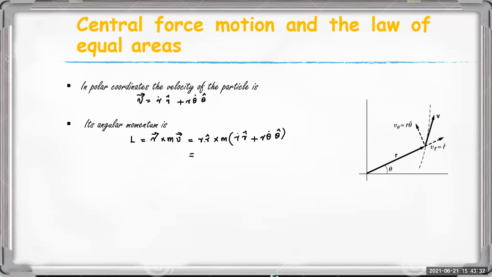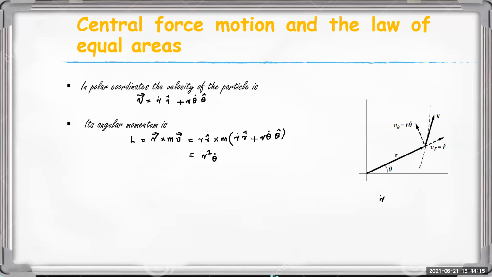Here the first term, when taking the cross product with the first one, will vanish, and the second is r cap cross r theta dot theta cap. Then it is m r square theta dot, r cap cross theta cap.